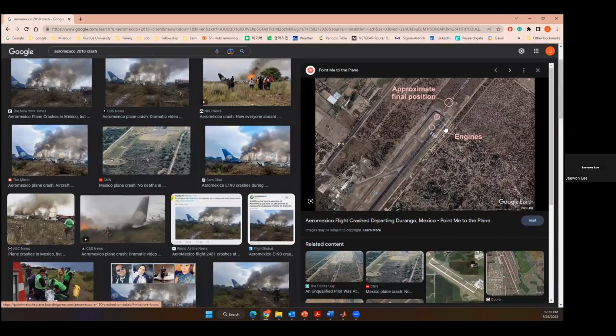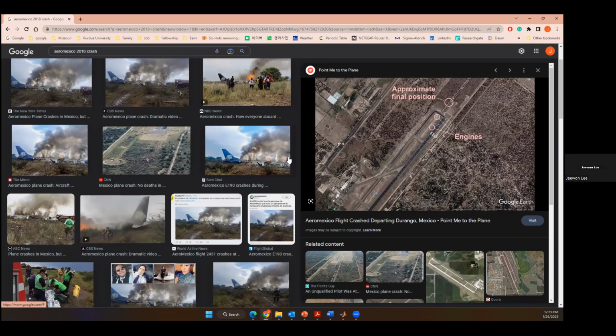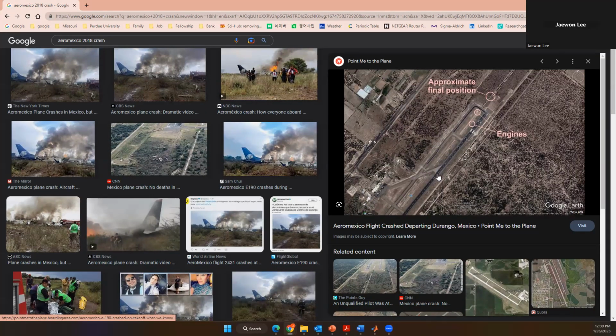Because of the detached engine, there was no big fire. There were some fires, but not an explosion. So people could escape after crashing, and all passengers could survive.